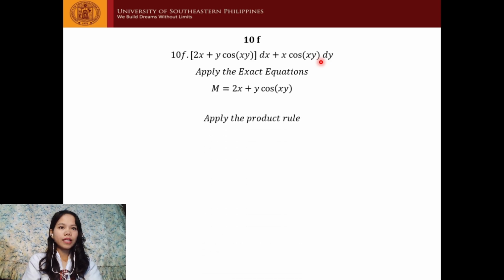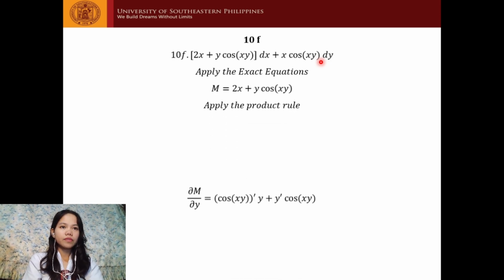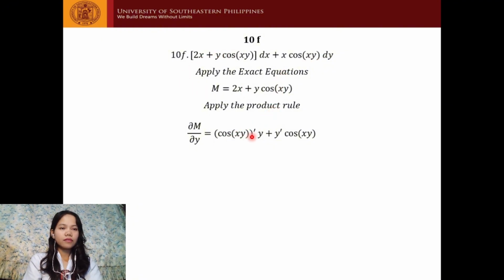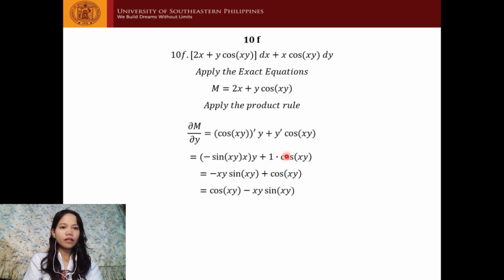So we will take the partial derivative of M with respect to y. For this one, we are going to apply the product rule: the derivative of cosine of xy, which is negative sine of xy multiplied by x, multiplied by y, plus the derivative of y, which is 1, multiplied by the cosine of xy. The next thing we do is simplify.